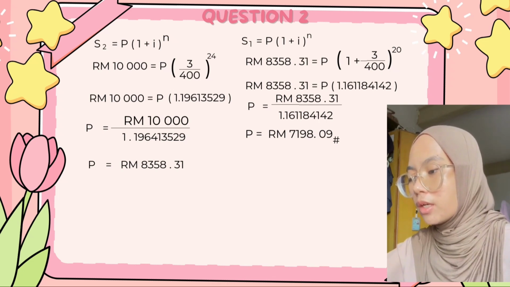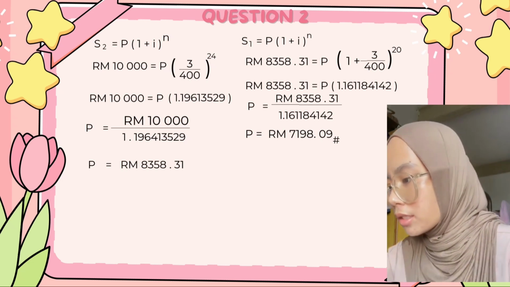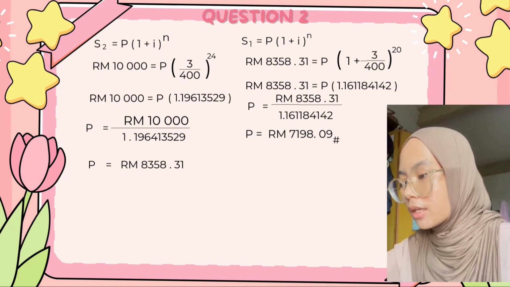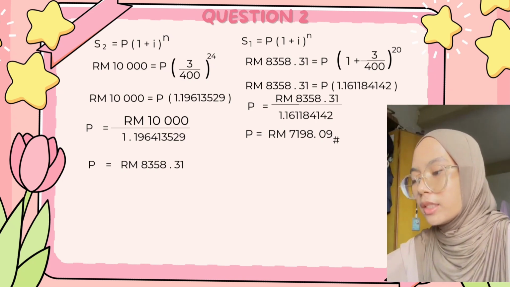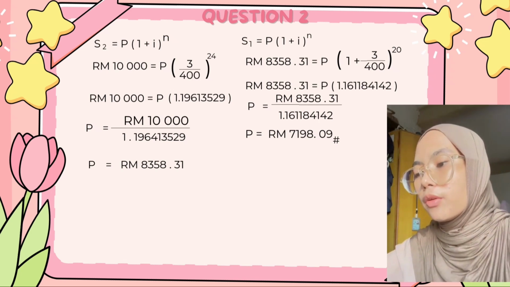After that, we bring P to the front and 10,000 must be divided by the growth factor. So P equal 10,000 divided by 1.196413529. After we calculate, we get the principal is RM8,358.31. So the present value is RM8,358.31.